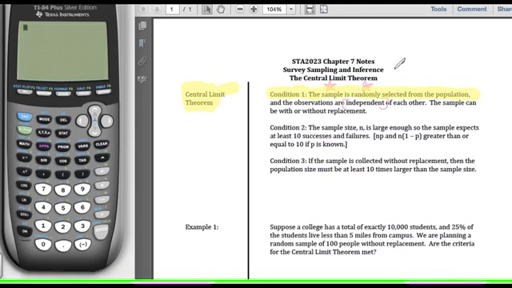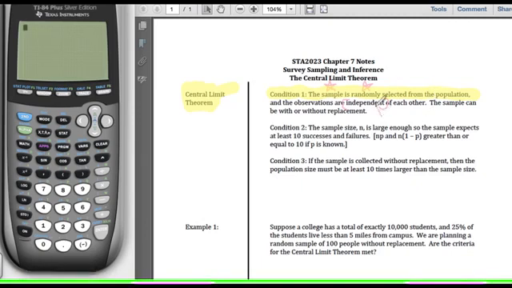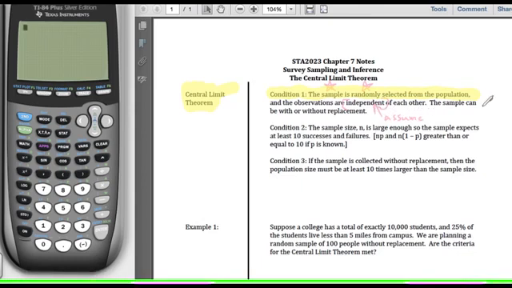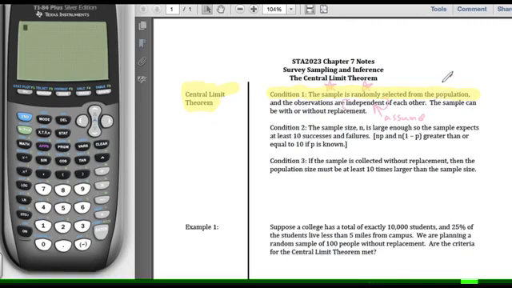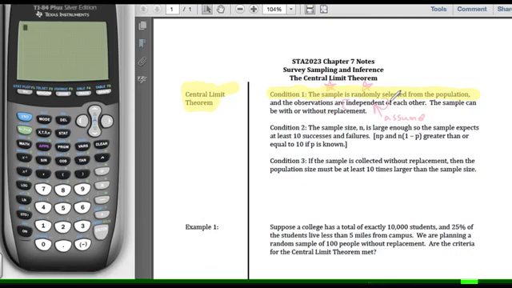They're not affecting one another. Just like we saw back in chapter 5, that's something that you don't have to check for. We're going to assume this in our course. As well, the sample can be taken with or without replacement. Just like with a deck of cards, you could either put the cards back in or you could leave the cards out of the draw. But what we want to focus on is the sample, and is it random?